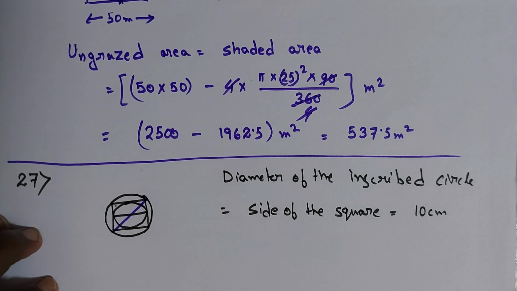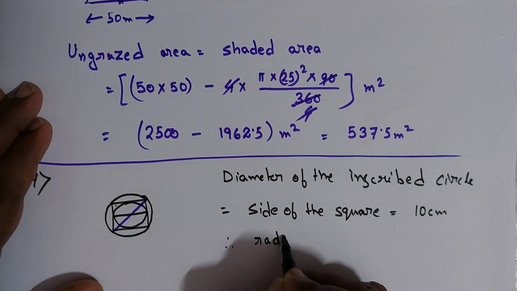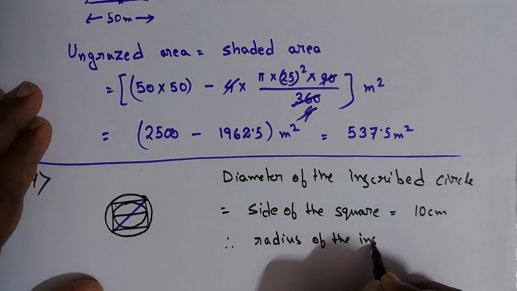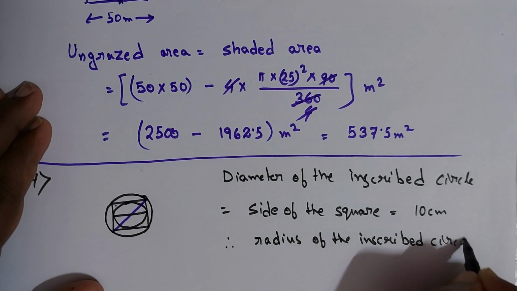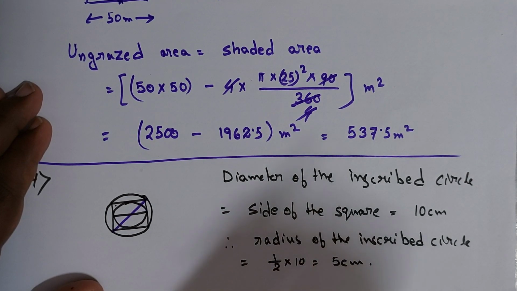So therefore radius of the inscribed circle is equal to half into 10, that is 5 centimeter.